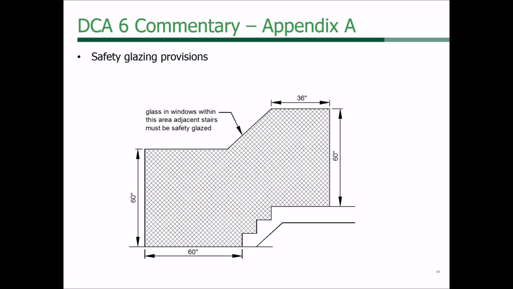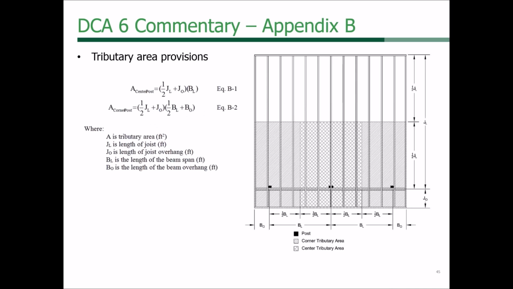The appendices are a little bit different. The first one is talking about where safety glazing is required for adjacent stairs. And then Appendix B, the main document, sizes the posts and footings based on how large your beam span and your joist span is. For both of those tables, what's being assumed is half the main span plus the overhang, up to a quarter overhang.